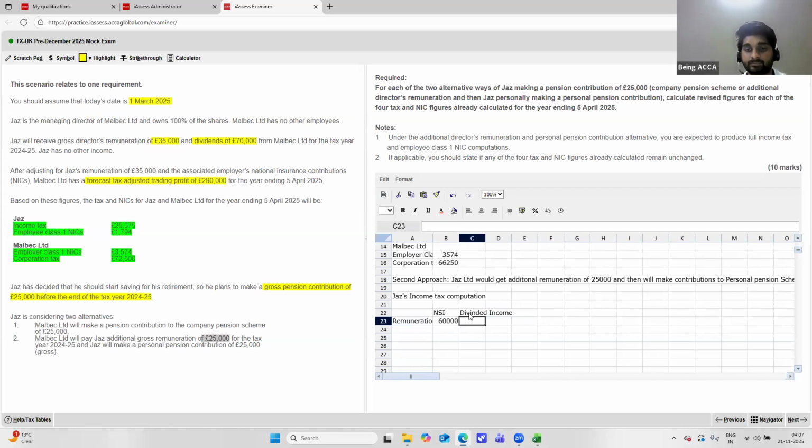And the dividend income would not be changed, and it would stay at 70,000. That would make a total income of 130,000. All right, let me just paste it here.